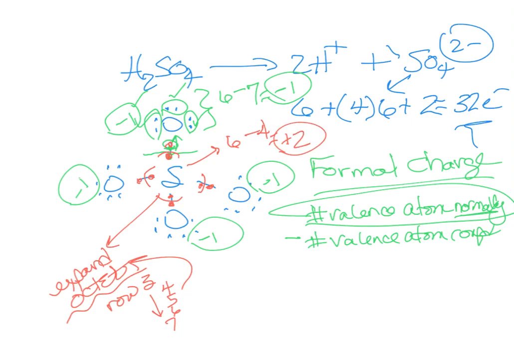Every single atom has a formal charge. And so we're going to go ahead and do that last step for Lewis dot structures that says if you can minimize formal charge by expanding the octet, you must do so. So here we go. I'm going to show you how we do that.